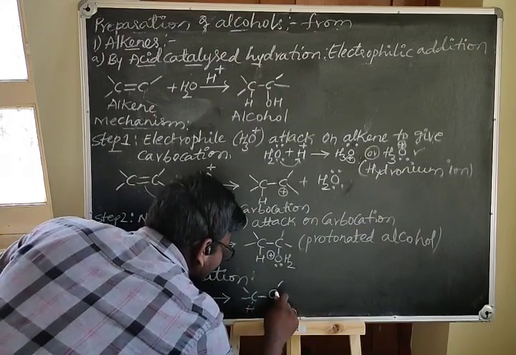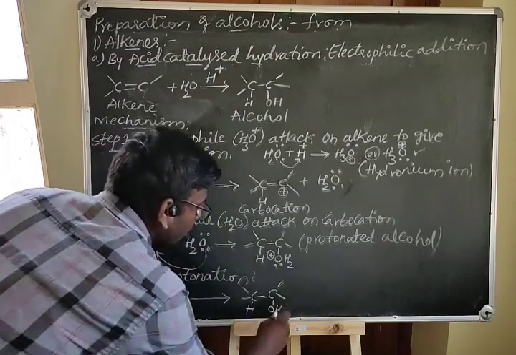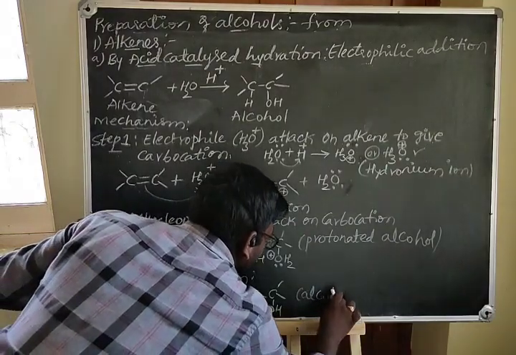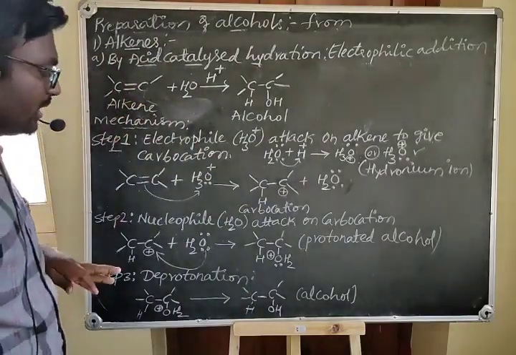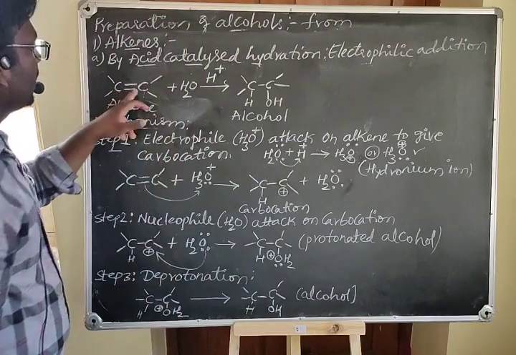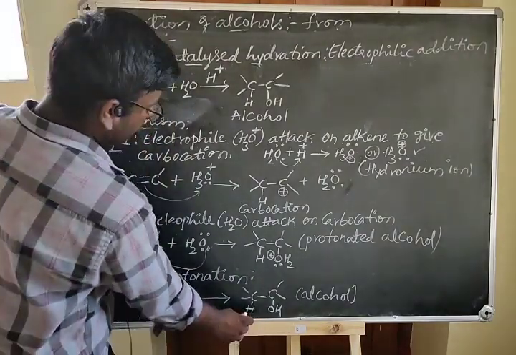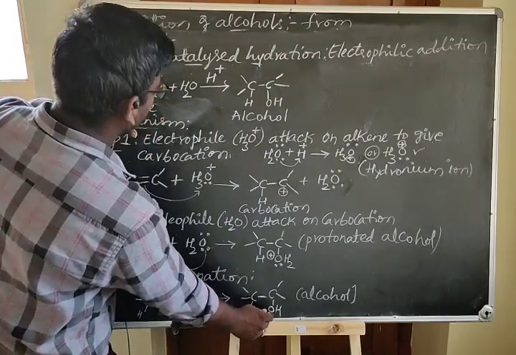Then you can see the OH group on this. Now this is called an alcohol. Okay, see, in the entire reaction mechanism on this compound, you are observing there is an H plus ion, that is hydrogen on this carbon, OH minus ion on this carbon.